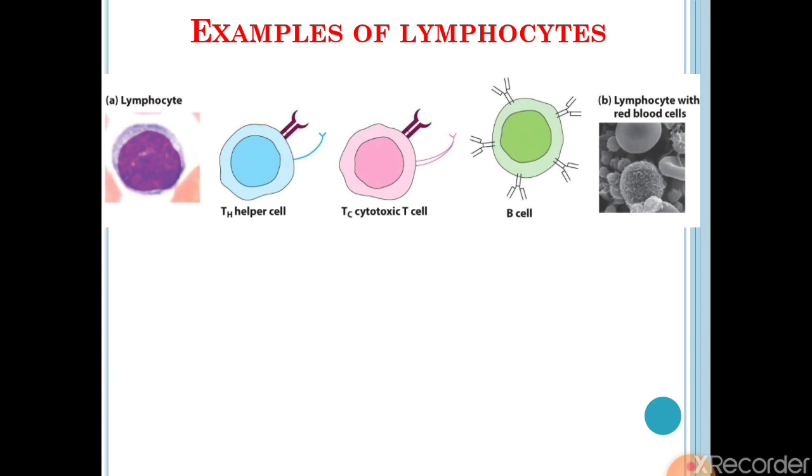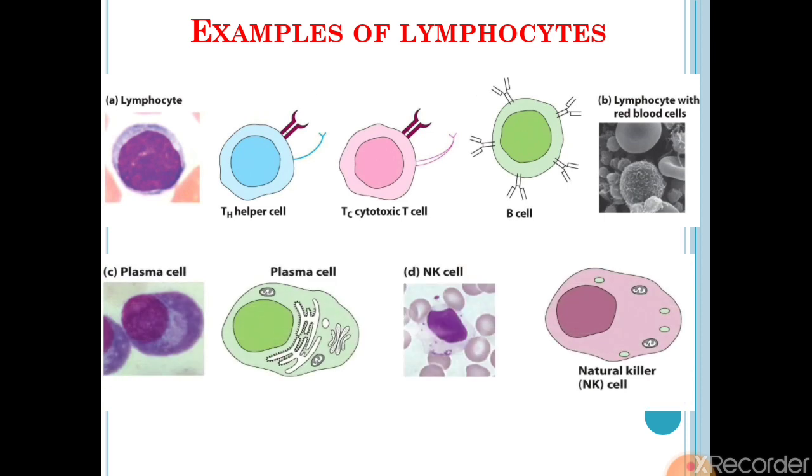Then in T lymphocytes we have helper cell, then we have cytotoxic T cell, and we have B cells. B cells are responsible for production of antibodies. Now you can see picture C is a plasma cell which will produce antibodies. Then we have the third type of lymphocyte, called the natural killer cell, which is part of innate immunity.